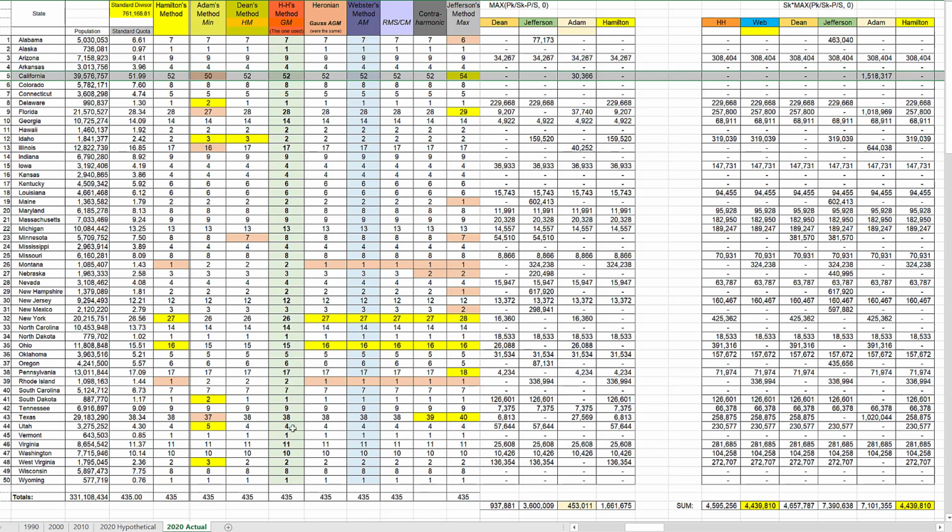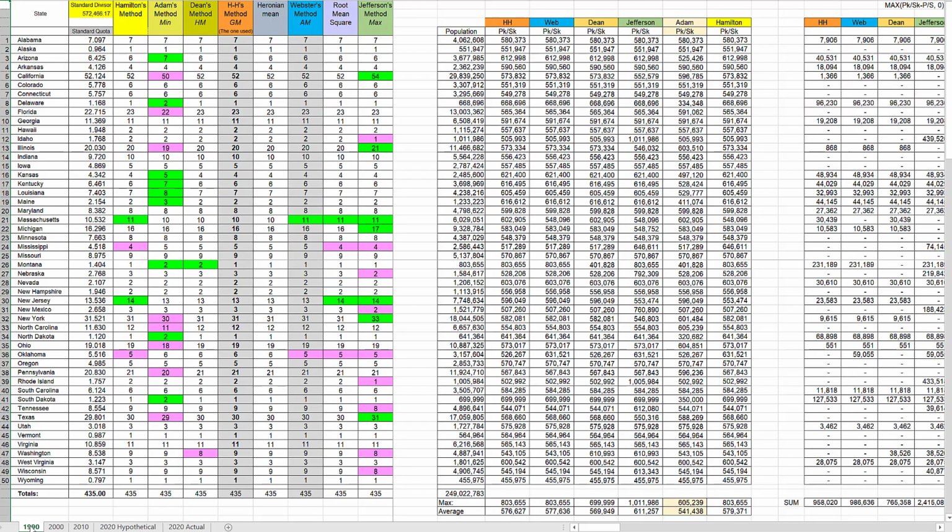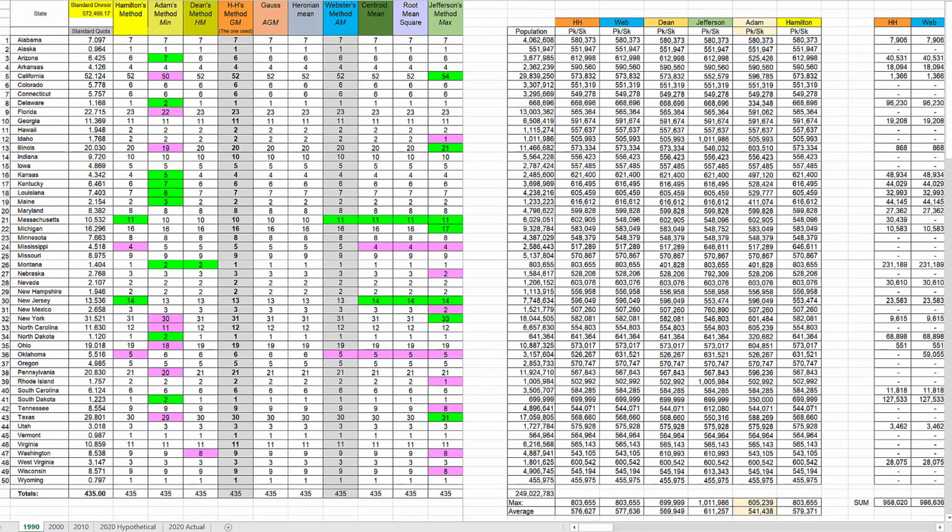Let me look at some other years. I've got 1990 here. Here's the 1990 population. Again, we've got these other methods. If I look at them all, again, the centroidal mean and the root mean square were the same.